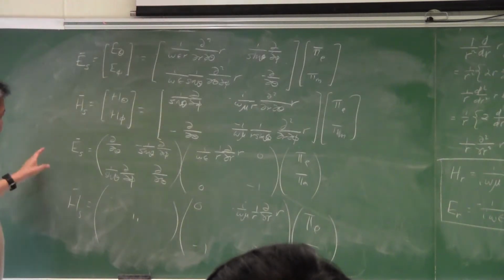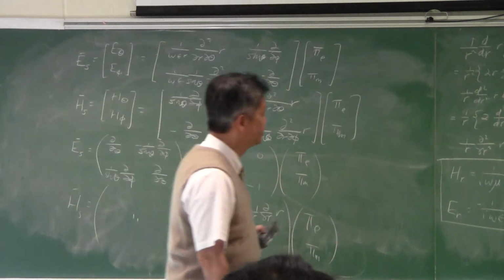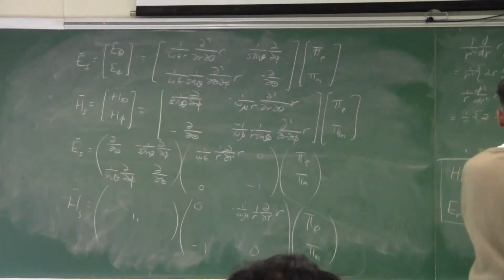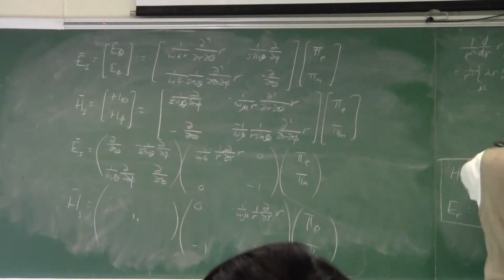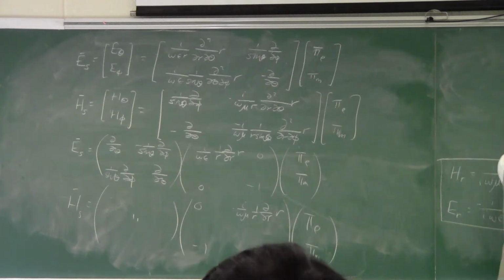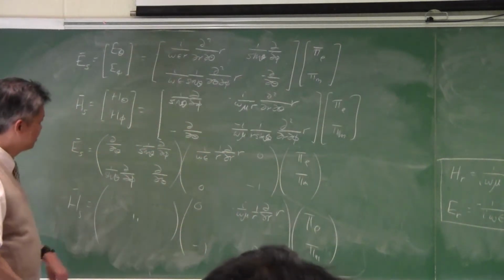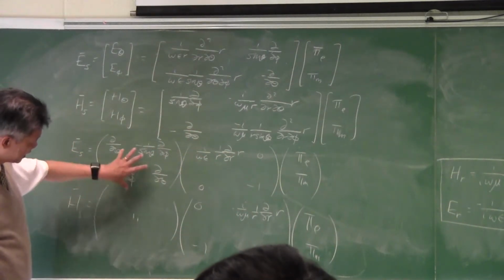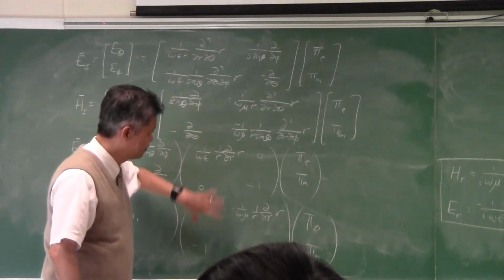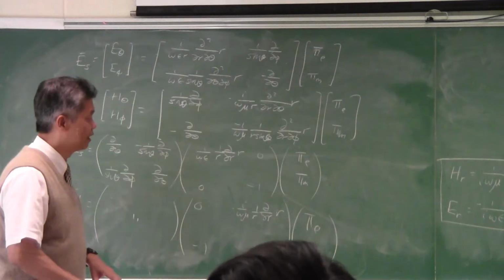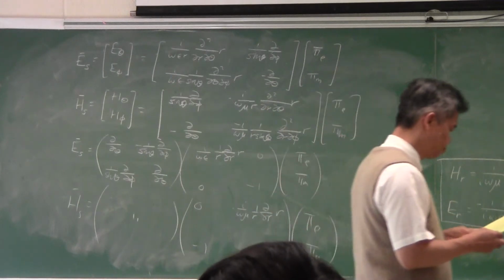If you have this way of writing down the transverse field components, then what you can do now is to substitute the general expression you have for pi e and pi m into that. Because of this factorization, the theta derivatives and the phi derivatives only exist here, and the radial derivatives only exist here, so I can write them as two separate factors.